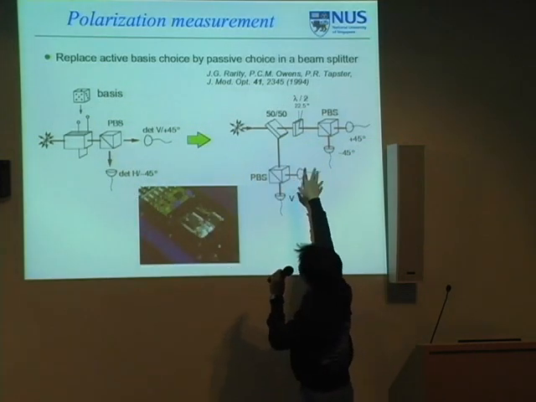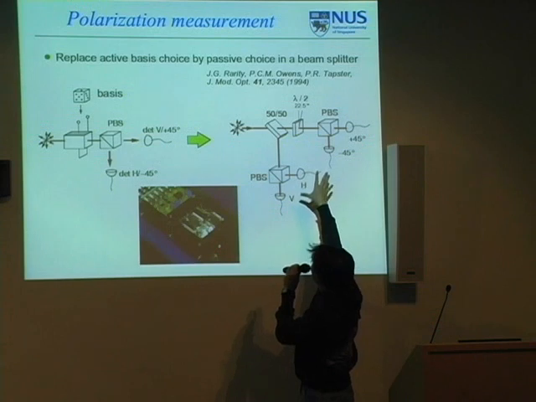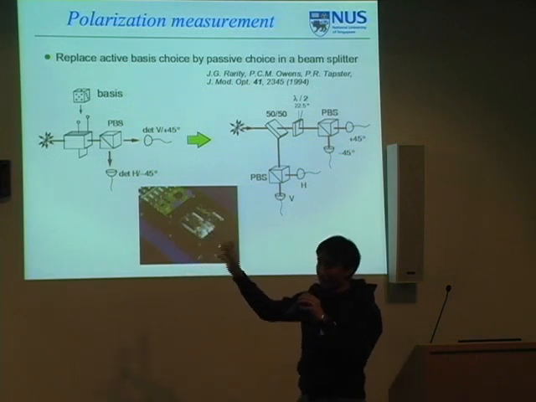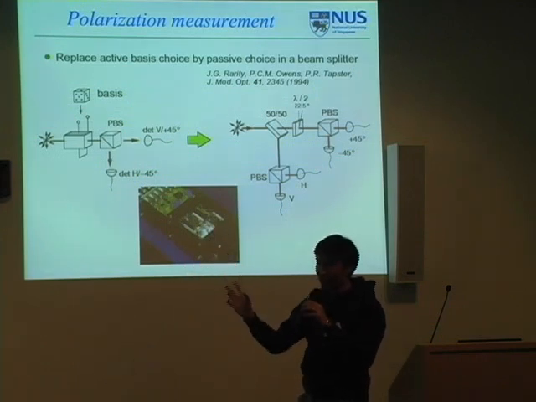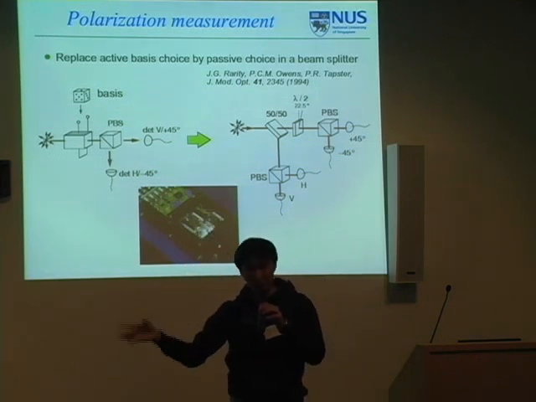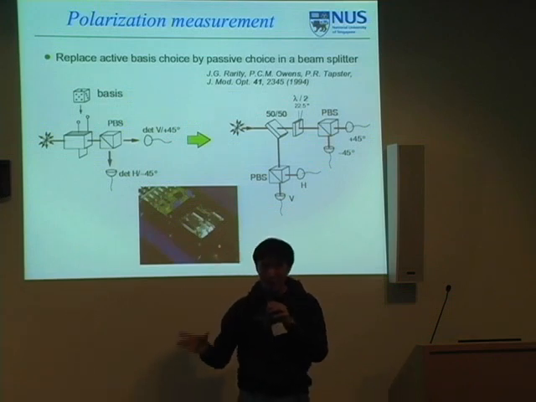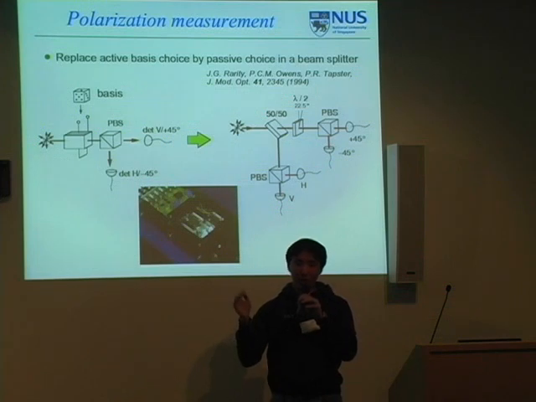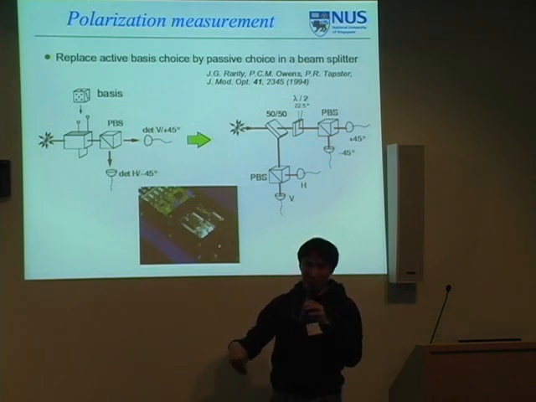So on this side, there is now a method to cut down 1 random number generator. On the other side, for Bob, one other simple way to cut down the random number generator is to use a passive element. It's called a 50-50 beam splitter. Now, the beam splitters I talked about just now were polarizing beam splitters, so depending on the polarization state of your photon, it's either transmitted or reflected.